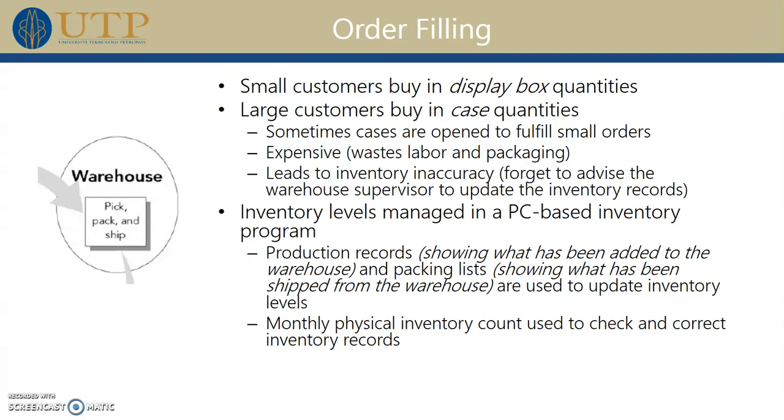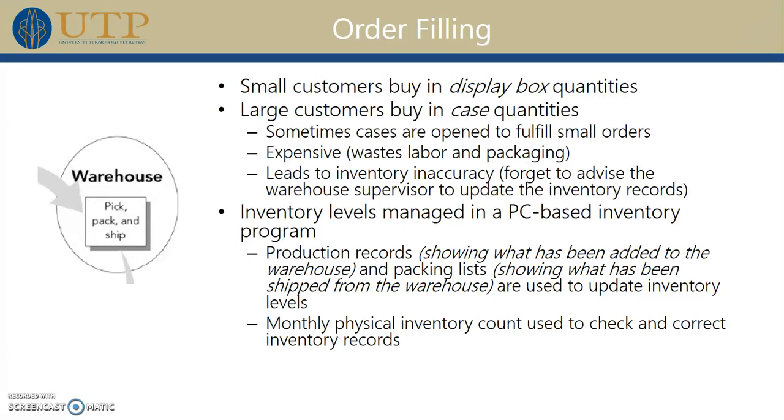For Fitter Snacker's customers, because they have small customers and large customers, the small customers buy in display box quantities. Large customers buy in case quantities. A case is a bigger storage unit which consists of boxes of the energy bars. Sometimes cases are opened to fulfill small orders.